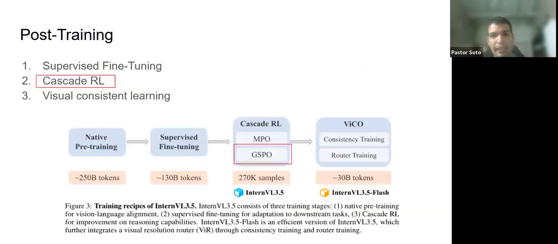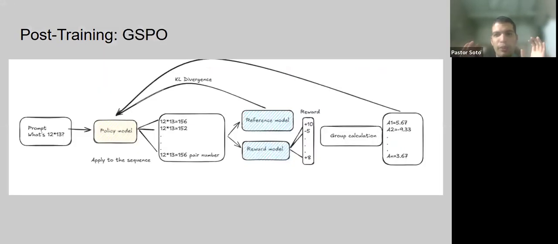Okay, now we go to the GSPO. Before I jump into the GSPO, I wanted to show you this, so we can understand where these things come from and the math formula behind them. Let me give you an example. Let's say you have a prompt, and you ask, what's 12 times 13? This prompt goes to a policy model. The policy model generates several responses, like you can see here, one response, another response.